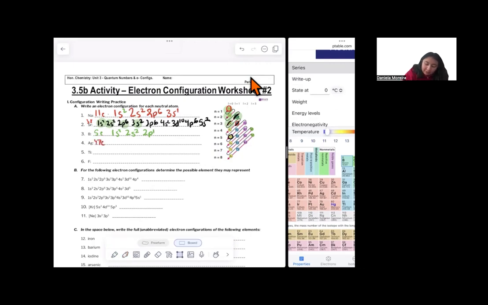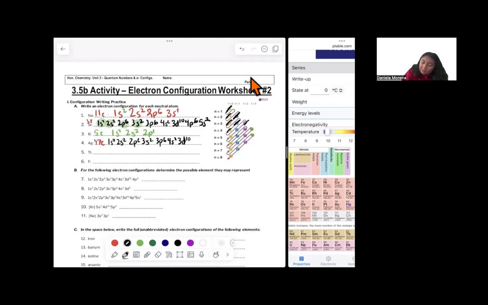At this point, I think I'm just going to copy all the way up from here. Nope, we're not copying. We're going to write it all down. So from filling in, we'll do 1s2, 2s2, 2p6, 3s2, 3p6, 4s2, 3d10.